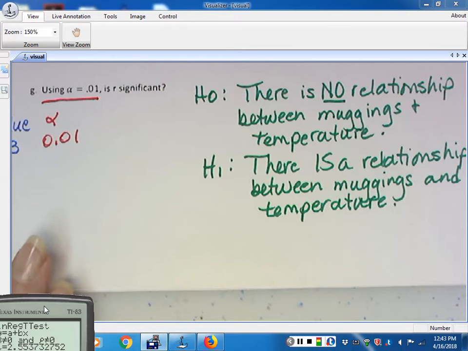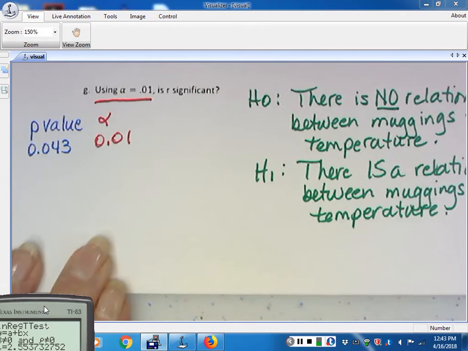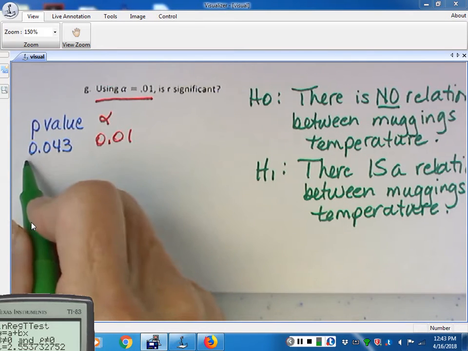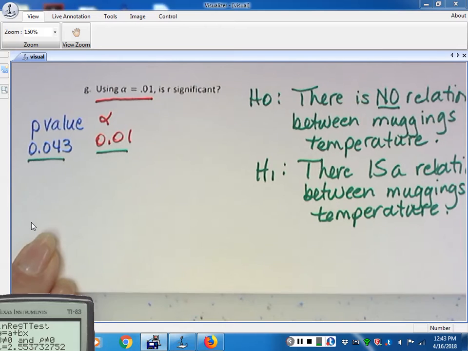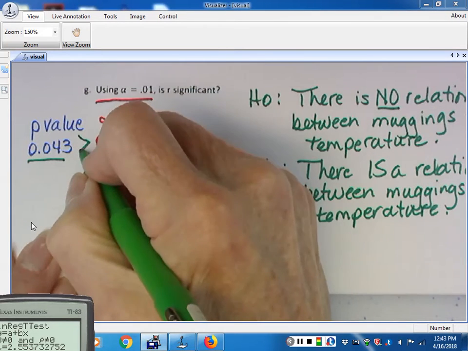When do we reject H0? When P is smaller than alpha. Okay, when P is smaller than alpha. Which is smaller? Alpha. So P is greater than alpha.